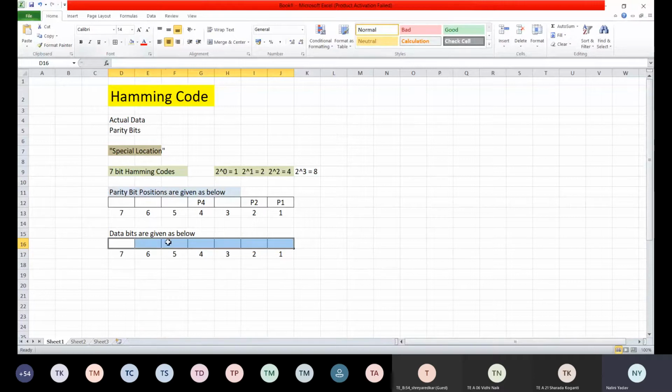So data will come at remaining positions other than the parity bits: at D3, D5, D6 and D7. At these positions my data will come. I hope you understood where my parity bits come and where my data bits come.